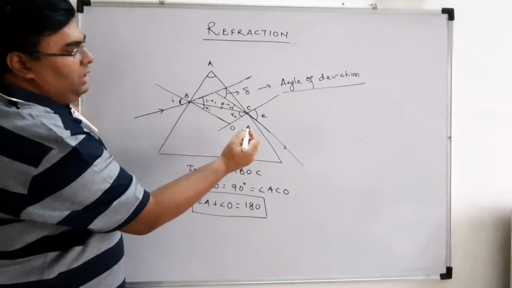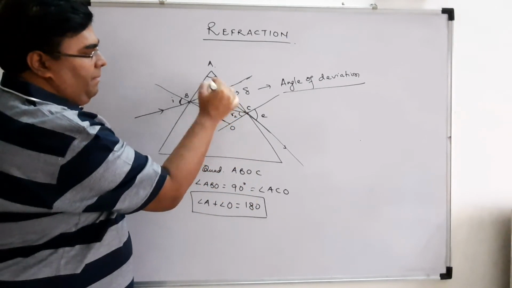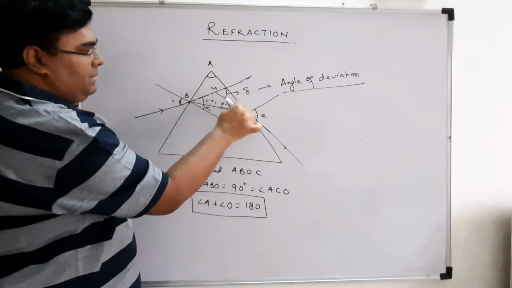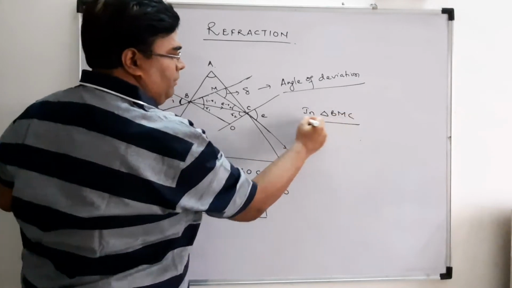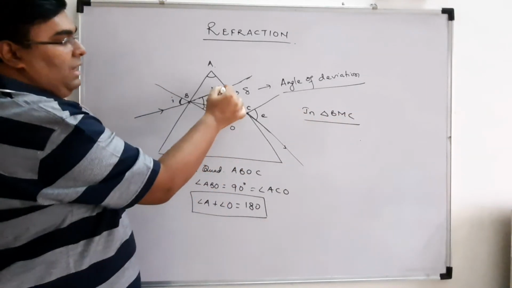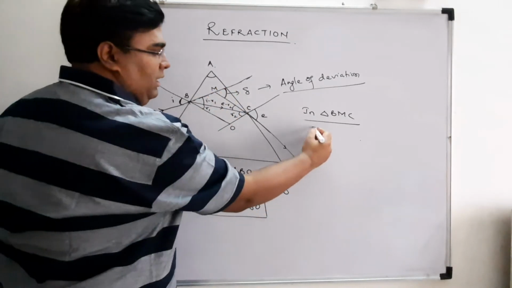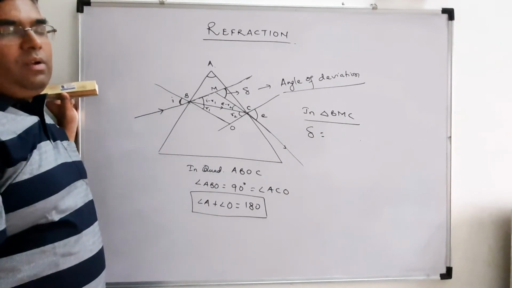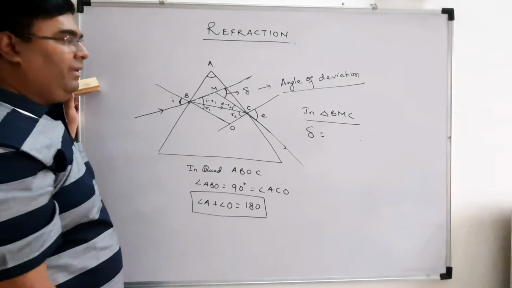If you look at this triangle, let us name it M. Let us look at triangle BMC. In triangle BMC, this angle of deviation is basically my exterior angle. So delta we can write it as, and we know the property that an exterior angle of a triangle is equal to the sum of its opposite interior angles.